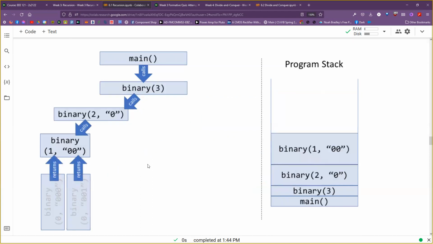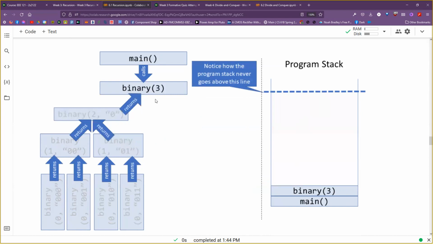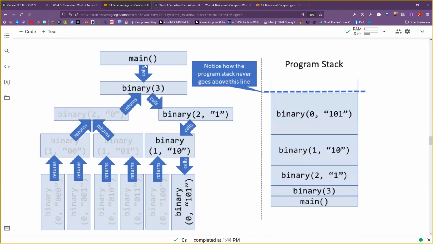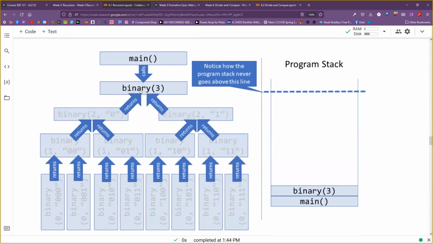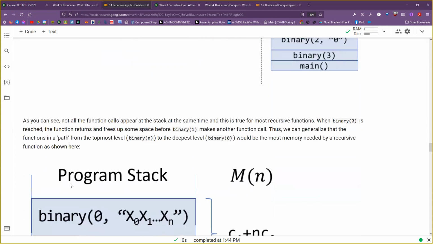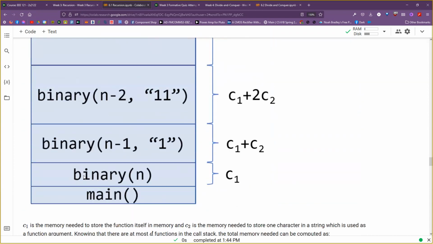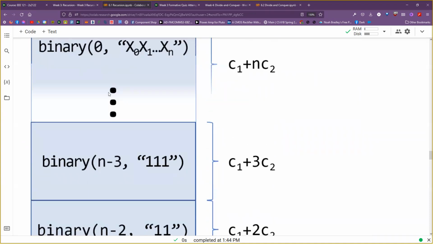So, ayan, pag pinanood mo yung GIF, ang kailangan na natin pansinin for our memory is isang path from yung ating main function and pababa doon sa isang dulo niya. So, from binary n minus 1, n minus 2, hanggang binary 0.